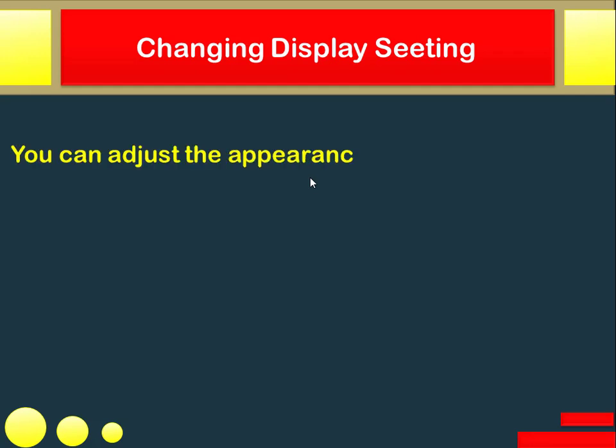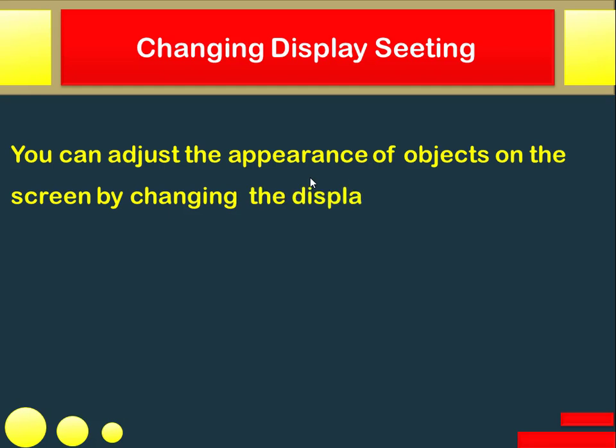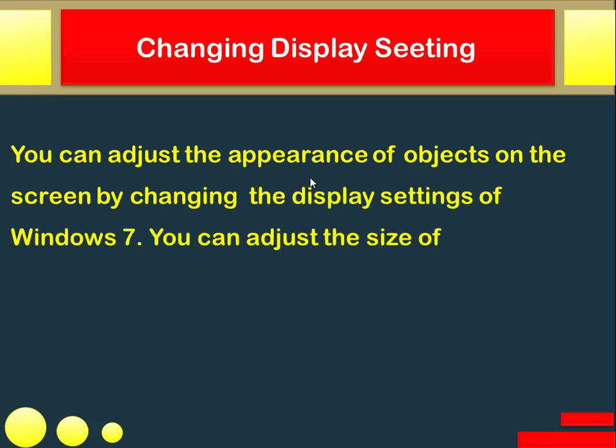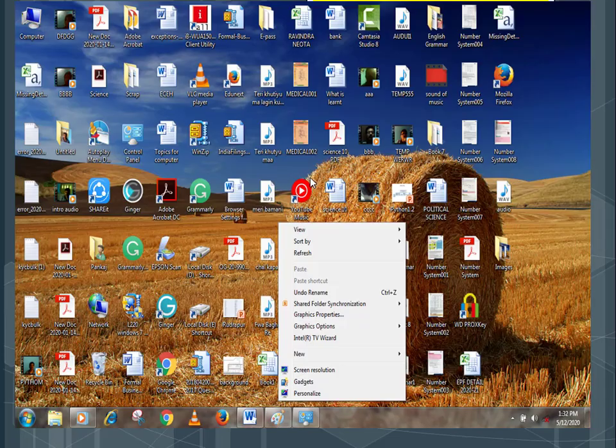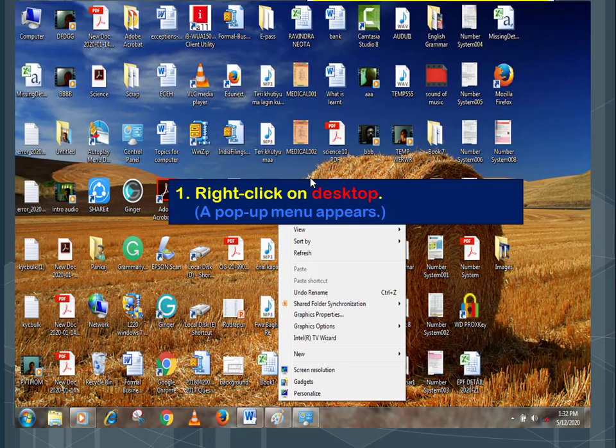So you can adjust the appearance of objects on the screen by changing the display settings of Windows 7. You can adjust the size of objects on the screen or change the screen resolution. So right click on the desktop, a pop-up menu appears there, and here you can see one option, personalize, is there.